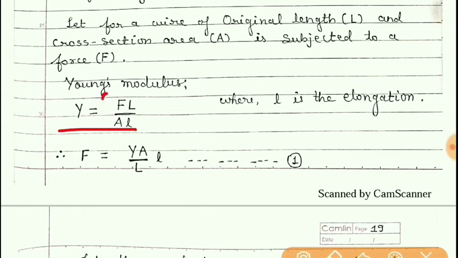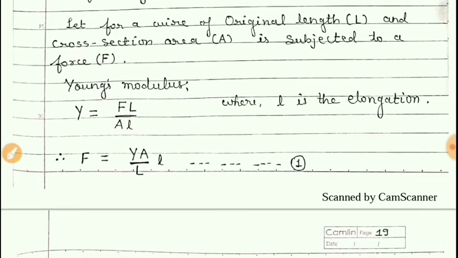Now we know that there will be an interatomic force present due to that change in the length, and that force F is equal to YA upon L into small l. This is the change in the length.